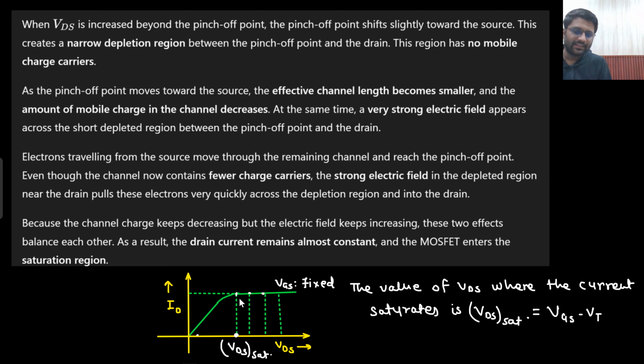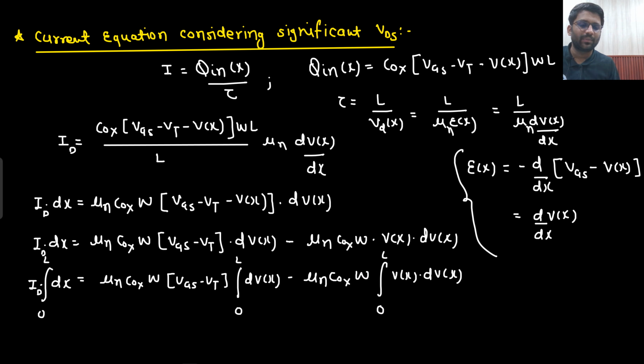Because this is the point where you are moving from sublinear to saturation. This was your sublinear, and here you are moving to saturation. That means you can apply the equation of the sublinear region at this particular point, right? Do you know the equation of the sublinear region? Yes, sir.